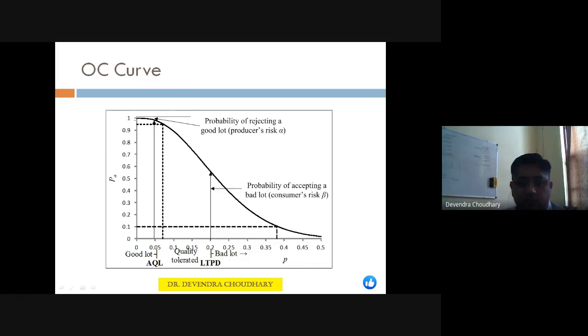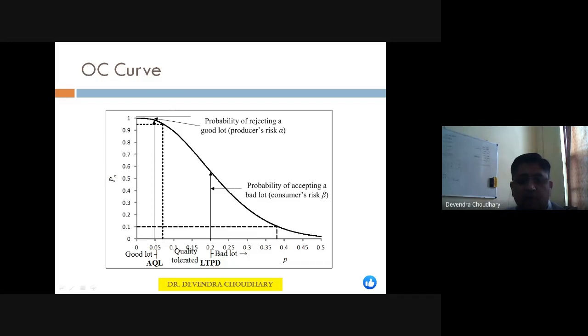Now the OC curve should be such that the producer's risk alpha should be less than 5% and the consumer's risk should not be more than 10%, right? So we determine the probability of acceptance at the AQL level.